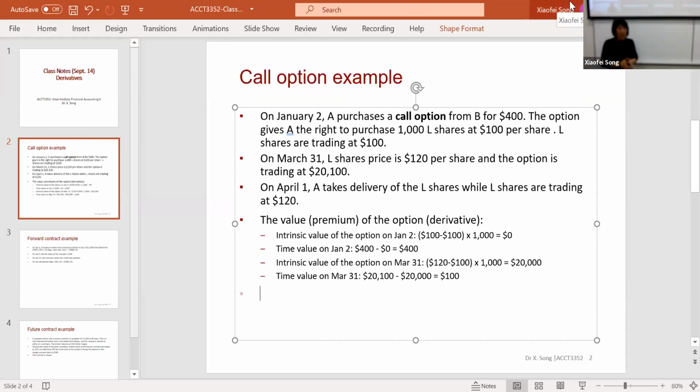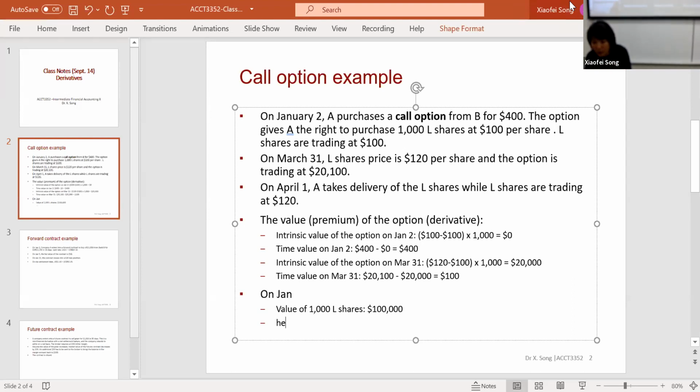Okay, the comparison. Say on January 1st, what's the value of 1,000 L shares? Well, I don't need to calculate it. We know it's $100,000, right?